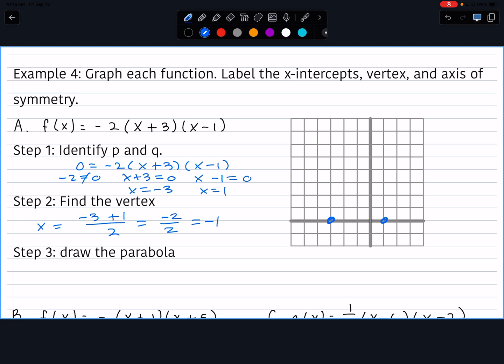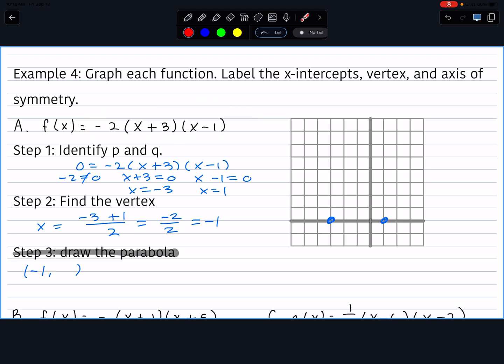From there, we're going to do just like we did before. Now that we know that the x-coordinate of the vertex is -1, I need to find the y-coordinate. I'm going to take -1 and plug it in.